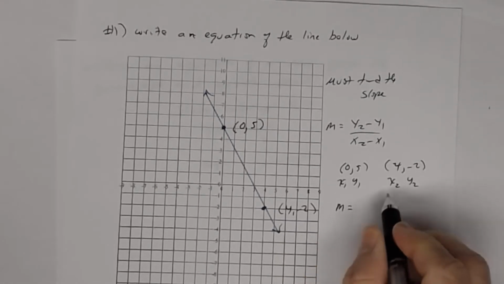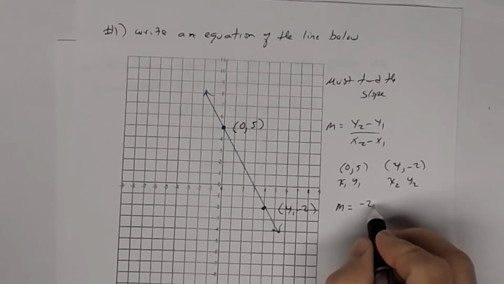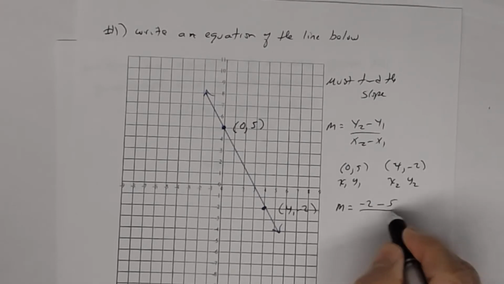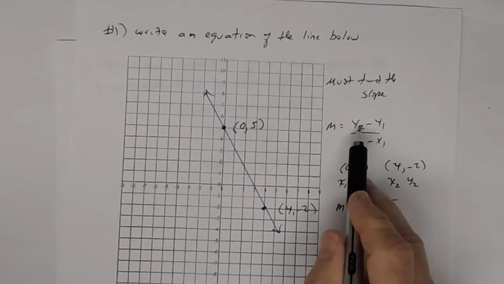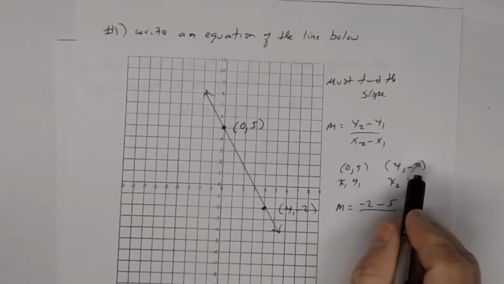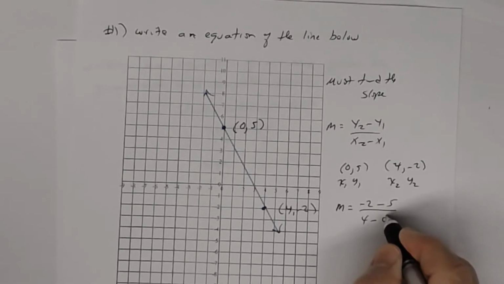So the slope equals y2, which is negative 2, subtract y1, which is 5, divided by, now remember, the order in the denominator matters. If you start with y2, you must start with x2. So if I start with negative 2 here, I must start with 4. So 4 subtract 0.